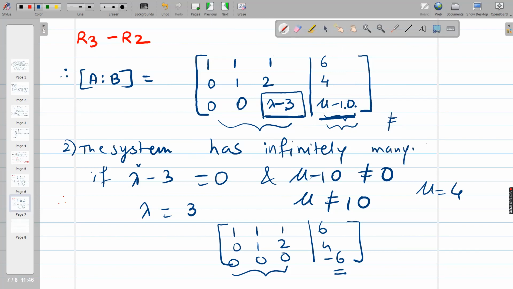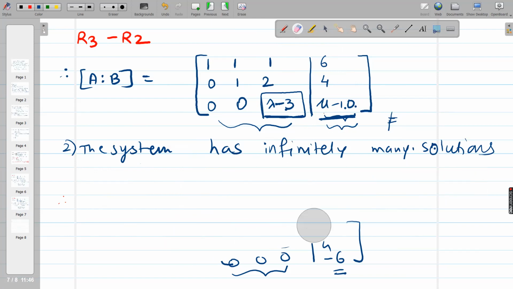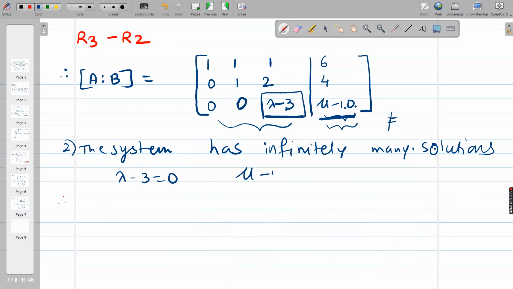So when is this possible? This is possible when both of them are 0. That means lambda minus 3 is also 0 and mu minus 10 is also 0. That means lambda is 3 and mu is 10.